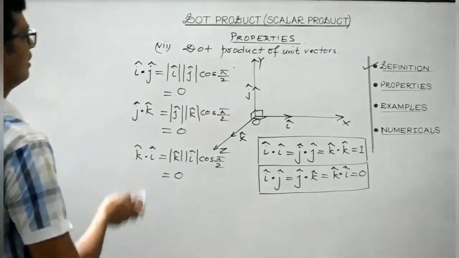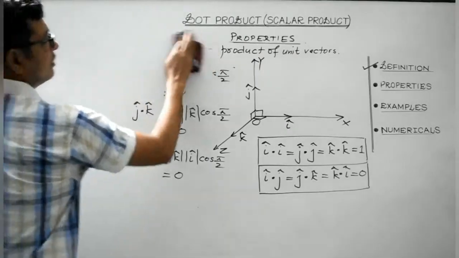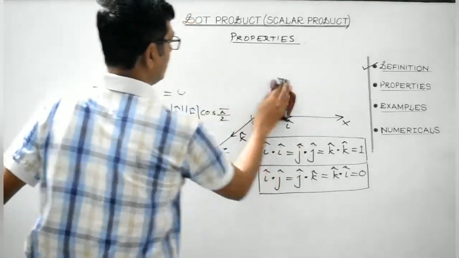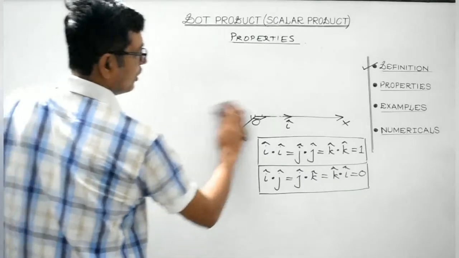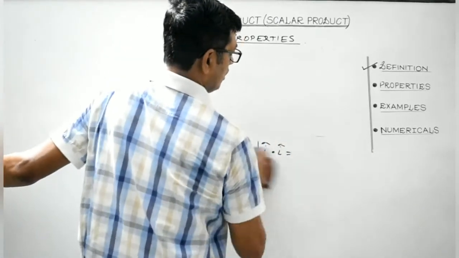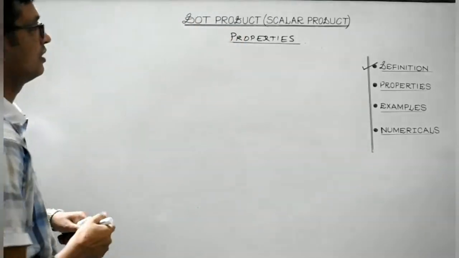So let's do that. The 8th one, we'll discuss the dot product in terms of rectangular components.